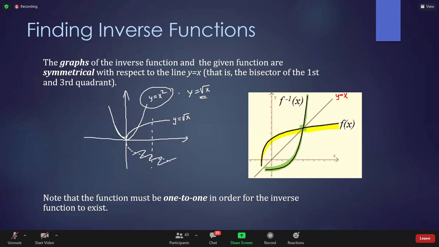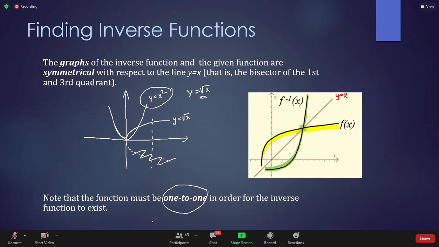So we see this is not a one-to-one function. One-to-one means each x value has a different y value. First of all, it is a function, so each x value has one and only one y value, but one-to-one means also all x values have differing y values.